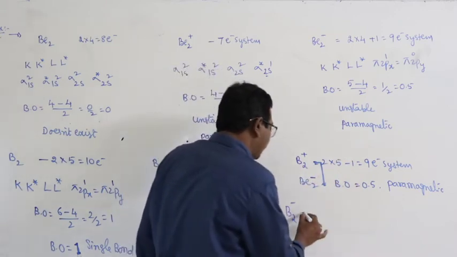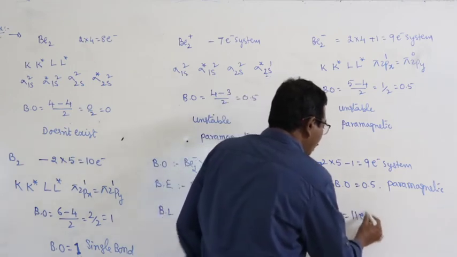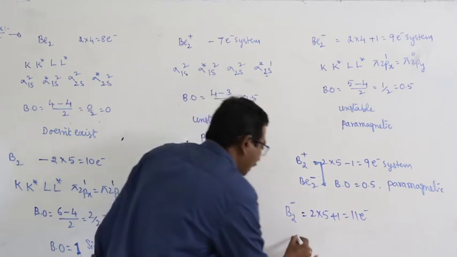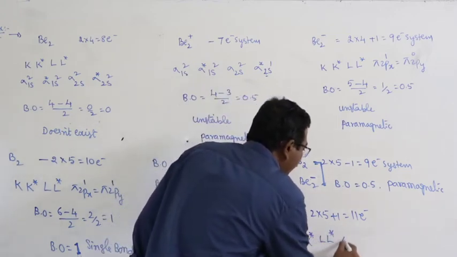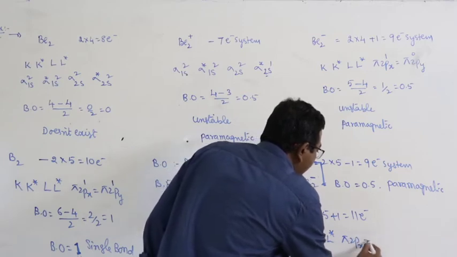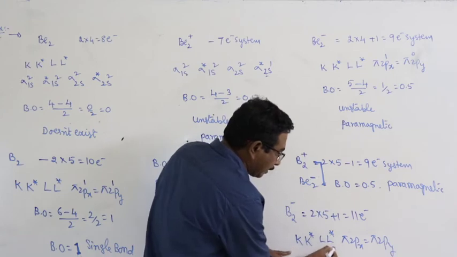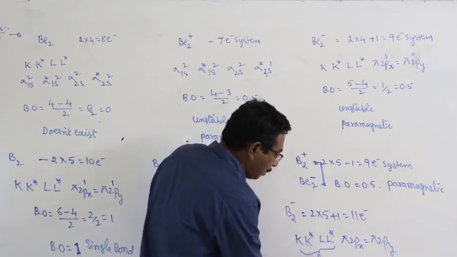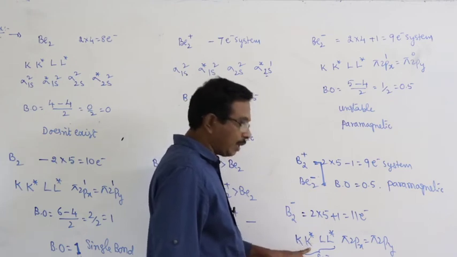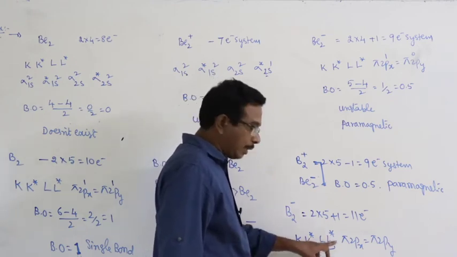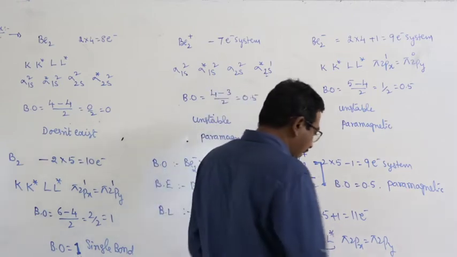B2 minus, 2 into 5 plus 1, that is equal to 11 electron system. Here K star, L star, pi 2px equal to pi 2py. 8 electrons already accommodated in sigma 1s, sigma star 1s, sigma 2s, sigma star 2s, means K star and L star, 8 electrons.